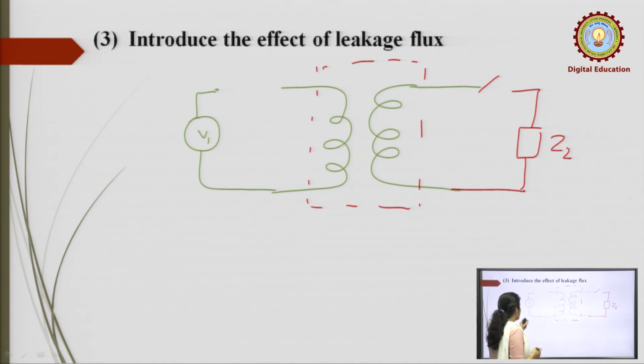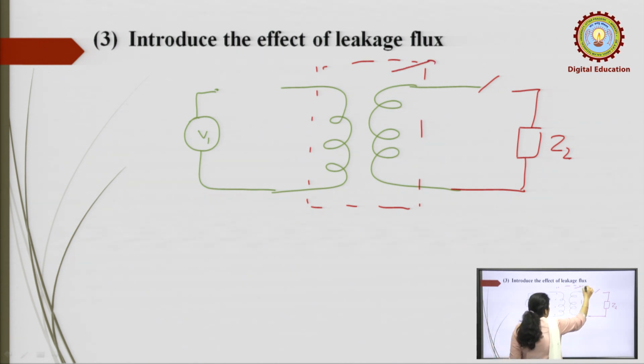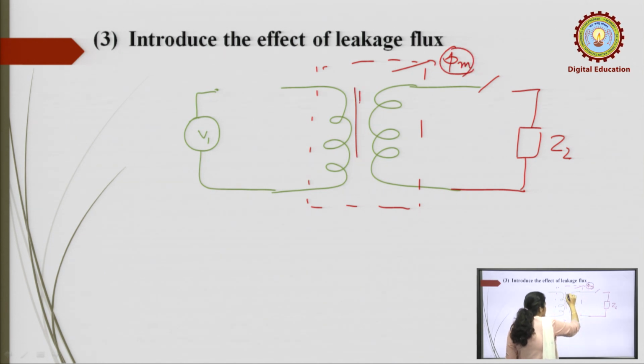So, as we apply this V1, the flux will be produced, and this is the magnetizing flux, which is confined within the core only.